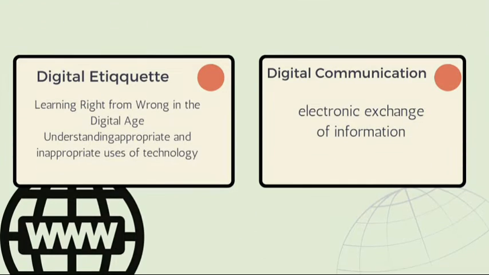And now, let's talk about the first element of digital citizenship, and that is digital etiquette. So, digital etiquette is learning right from wrong in the digital age, understanding appropriate and inappropriate uses of technology.